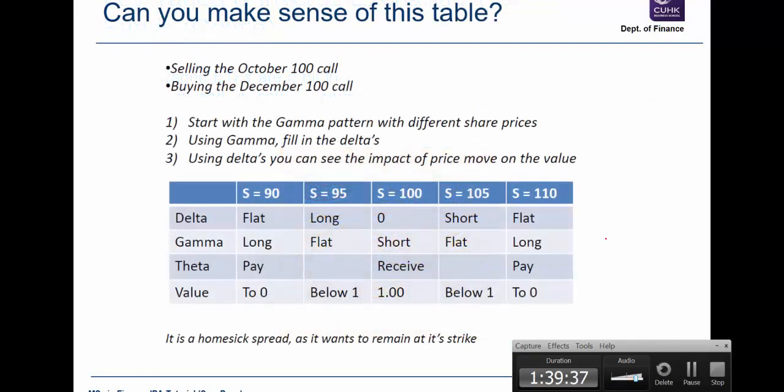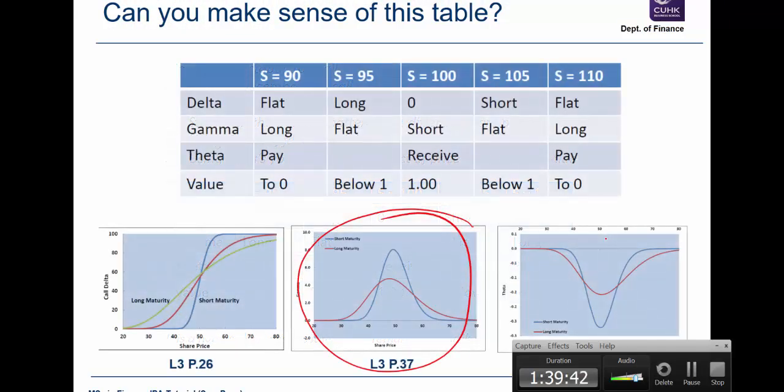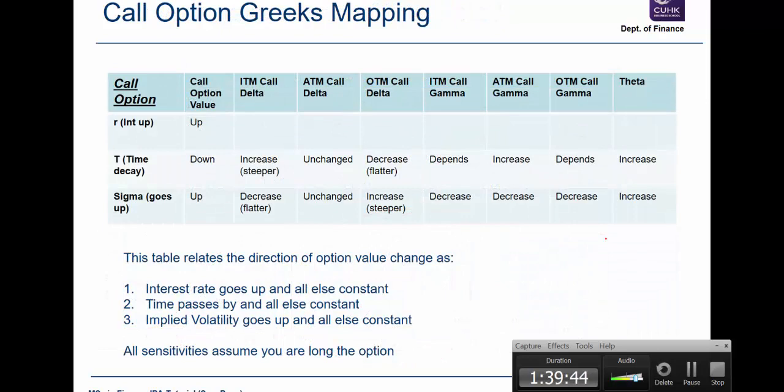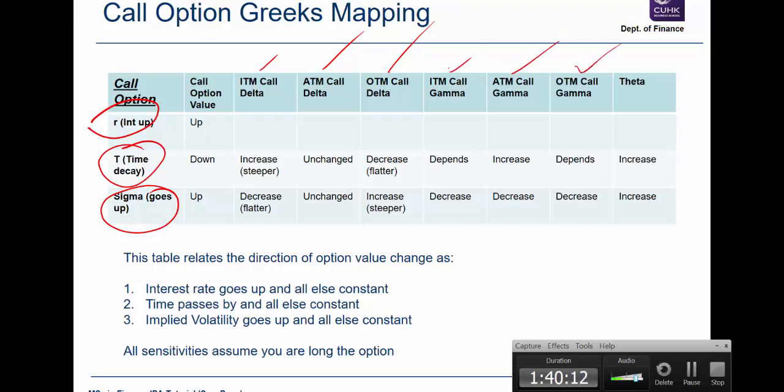What else? This table we already discussed earlier in the term. These diagrams are important. Now, I have tried to make it systematic on how, when interest rate changes, or when there's time decay, or when volatility goes up, how does it impact in the money call delta, at the money call delta, out of the money call delta, and then the gamma and the theta.